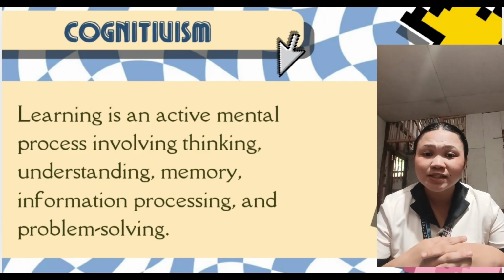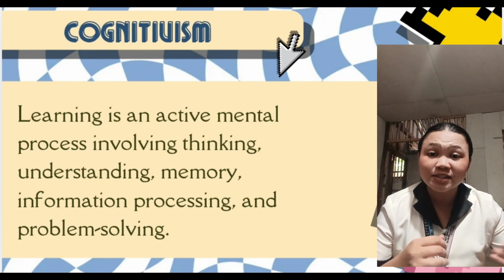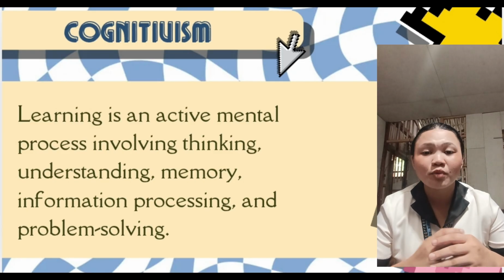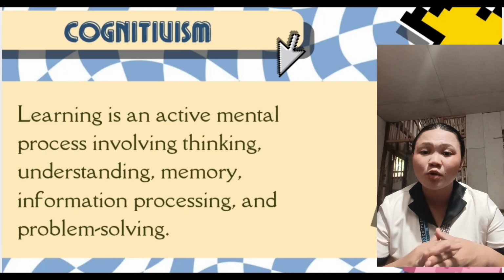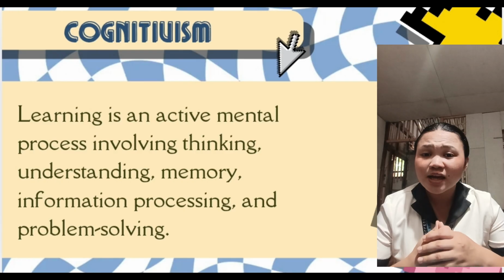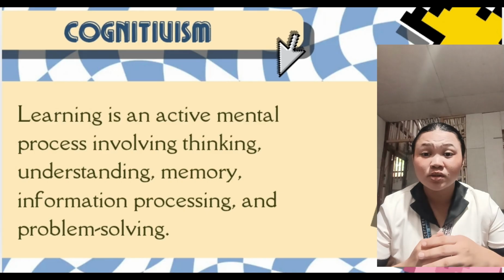It focuses on what happens inside the learner's mind rather than only observable behavior. It involves processes such as attention, memory, understanding, reasoning, and problem solving. Cognitivism also emphasizes prior knowledge. Learners understand new information better when they can connect it to what they already know.